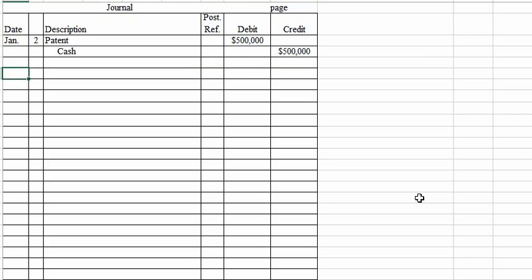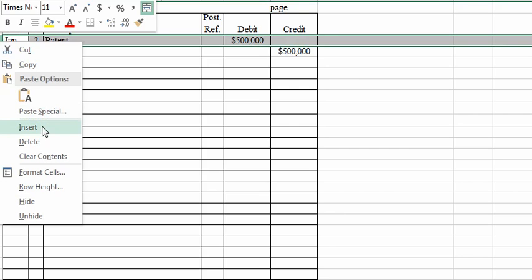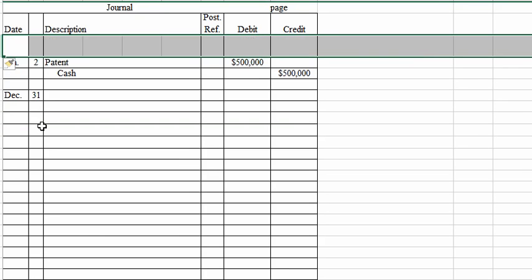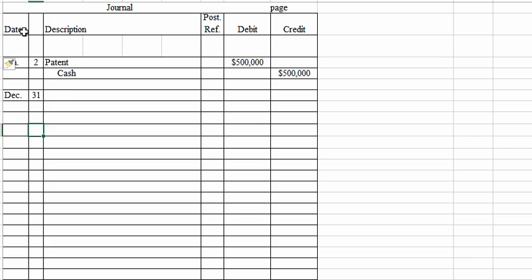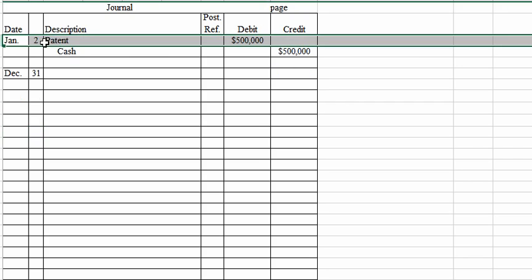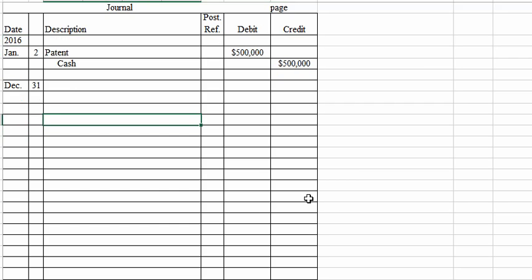Okay, now we get to the end of the year, and we're going to amortize the patent. I wanted to put 2016 up here because these will be our entries for 2016. Now, at the end of 2016, we want to amortize the patent.